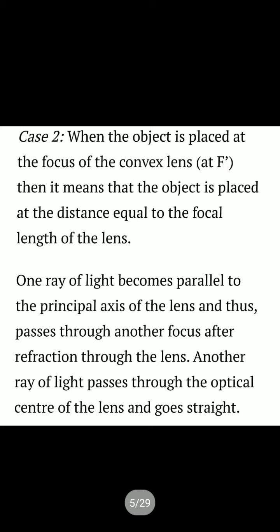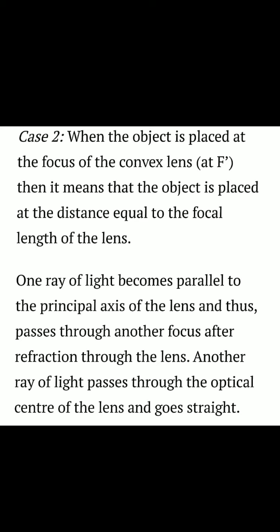Second number. Now the object is placed at focus. First, the object was placed in between optical center and the focus. Now we move the object a little bit far away from the lens, that means at focus. And we know that rules are similar for lens and mirror, just the diagrams are different.